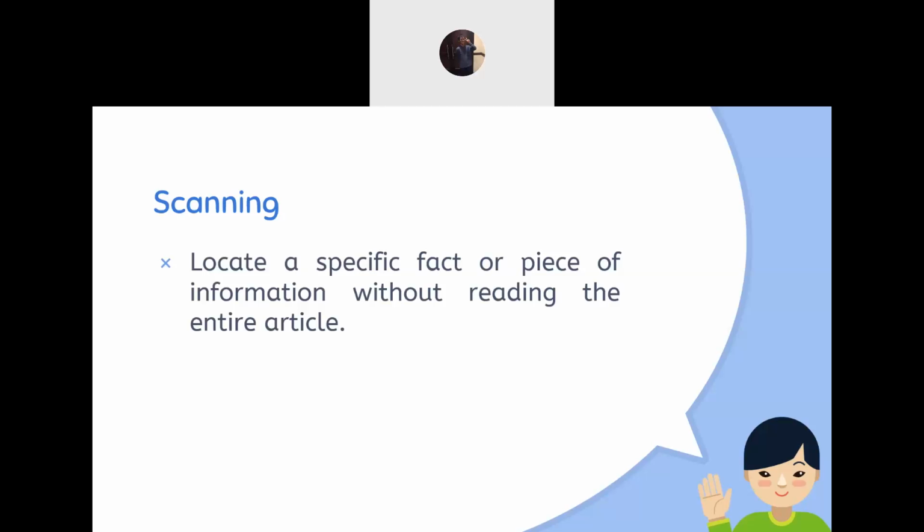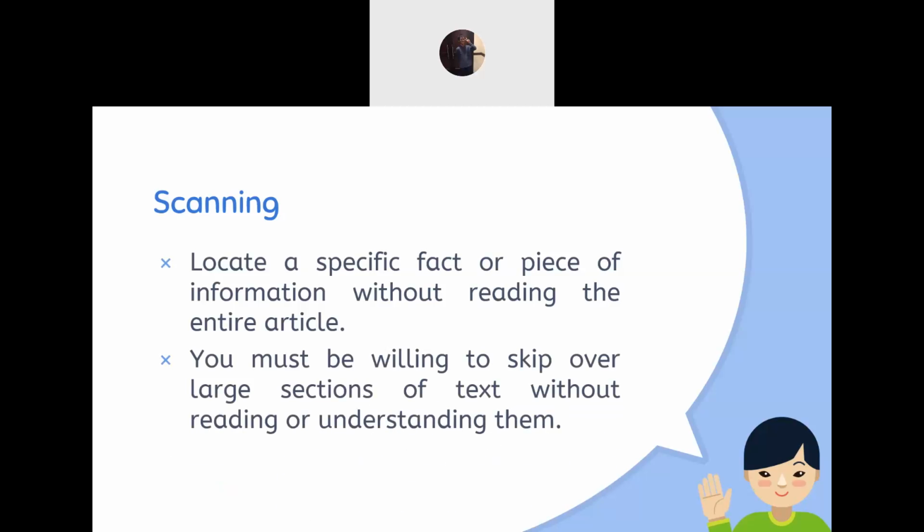Skimming and scanning are only for reading. For example, when you're reading a comprehension in the exam, you're not going to read that passage over a few times. Depending on the question, you scan for the answers.